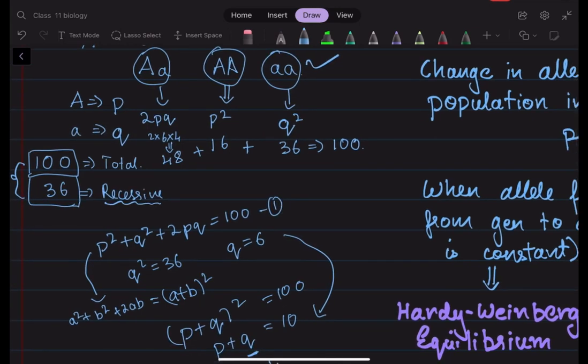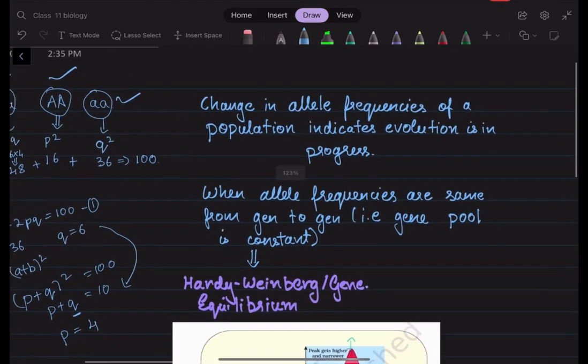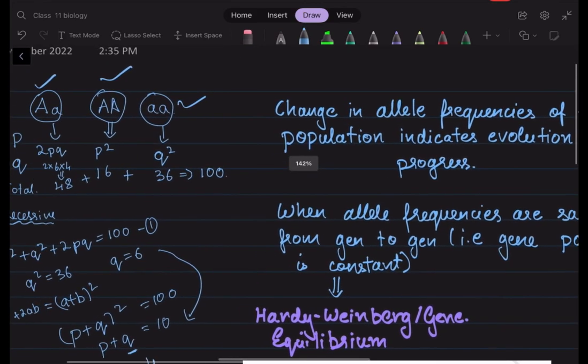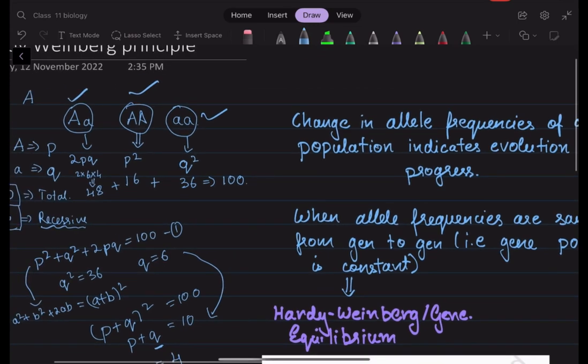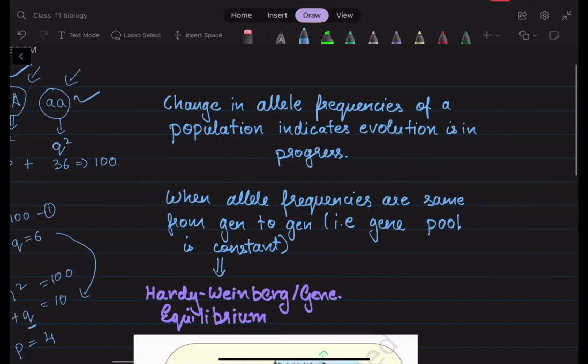So what exactly is the point of all this? Let us know. If there is any kind of change in any of these three types of allele frequencies of a particular population, we can definitely say that evolution is happening.